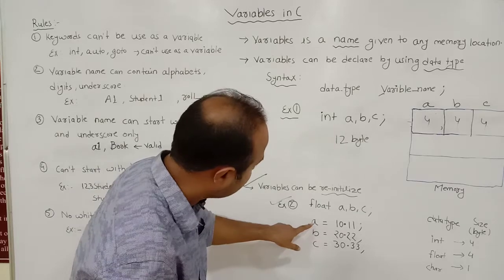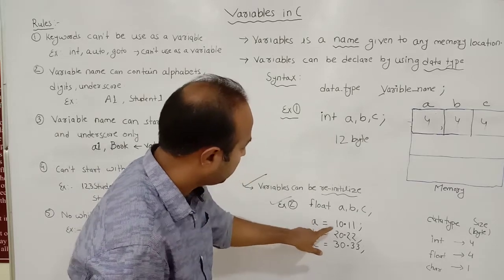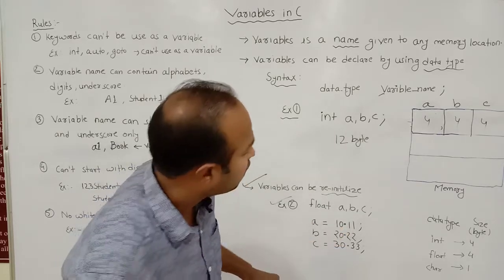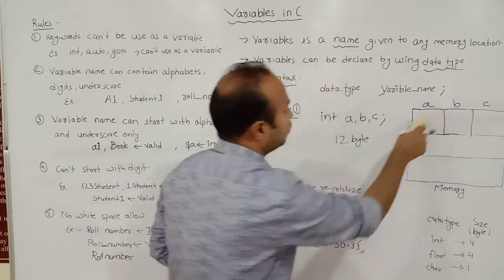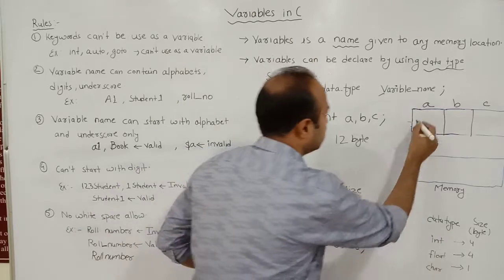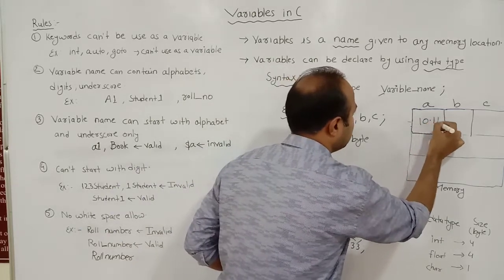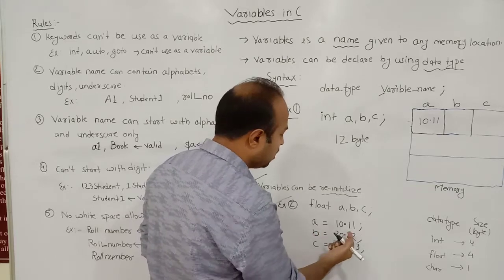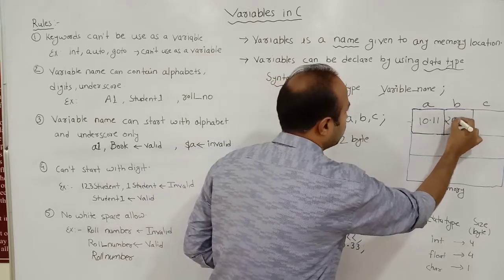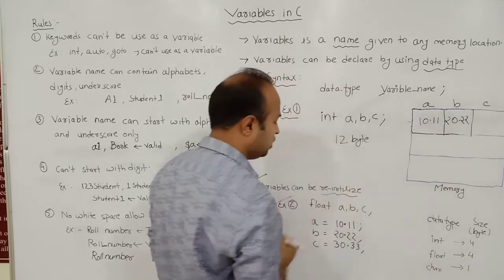And we initialize the value of a with 10.11, so 10.11 will be stored here. In the next line we initialize the value of b with 20.22, so 20.22 will be stored here.